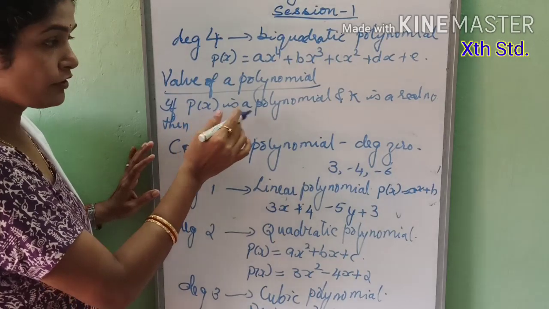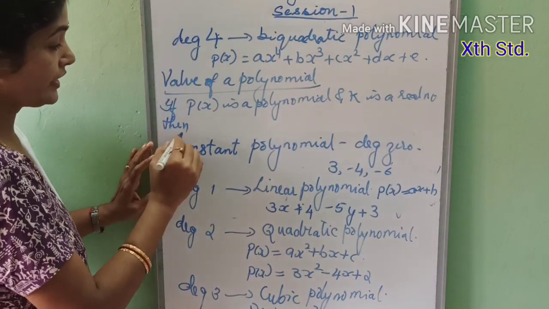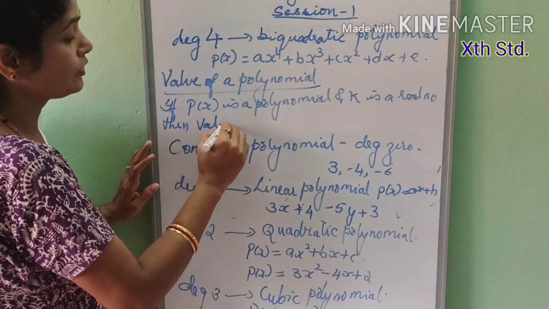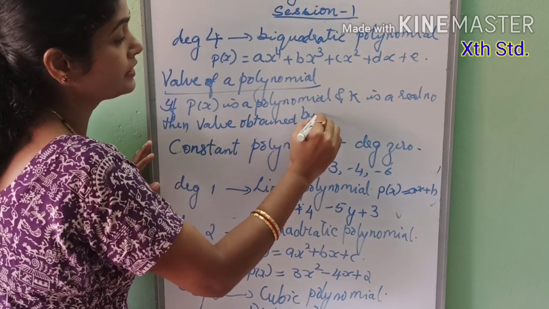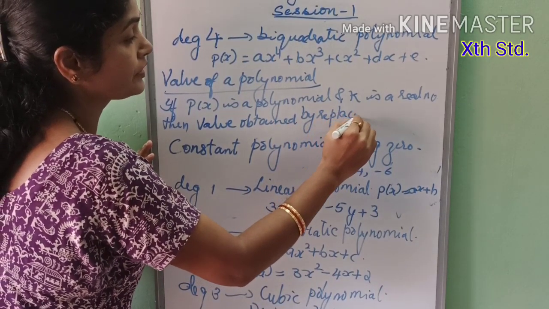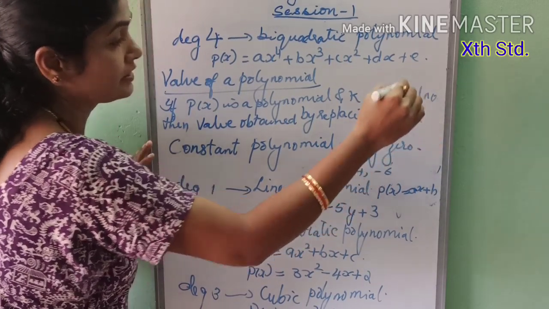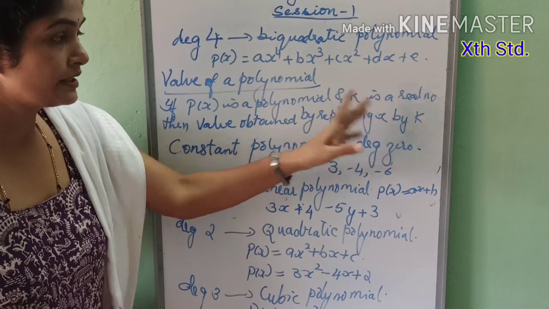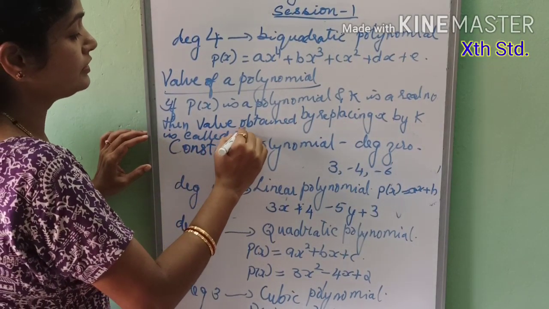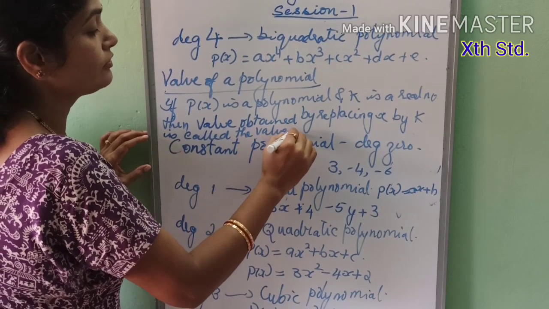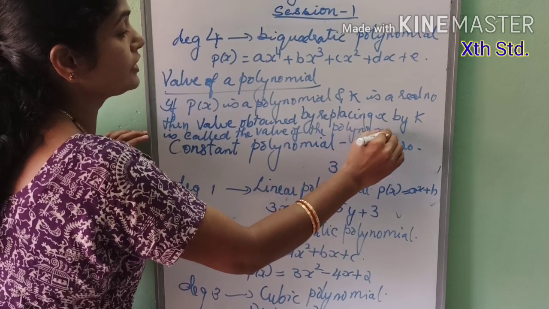That is, if P of x is a polynomial in x and k is any real number, then the value obtained by replacing x by k is called the value of that particular polynomial.